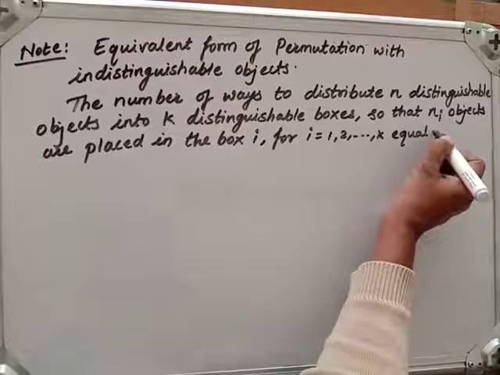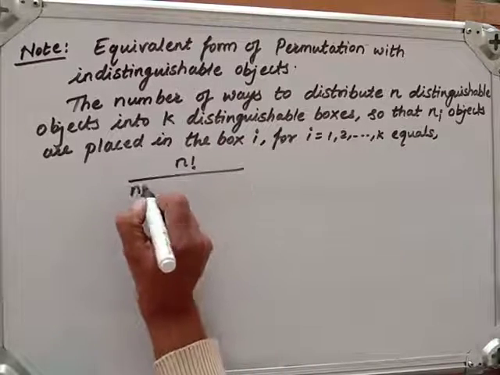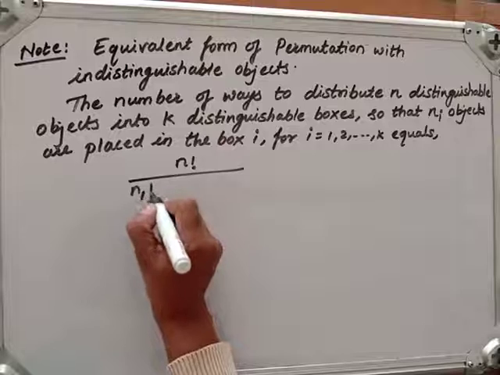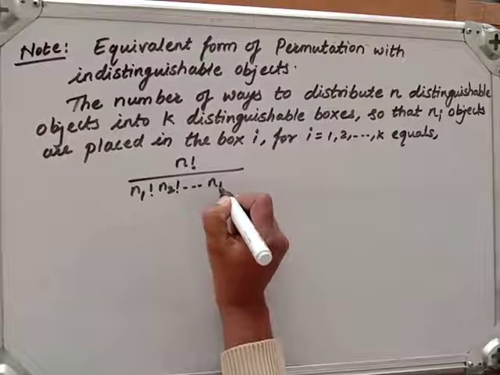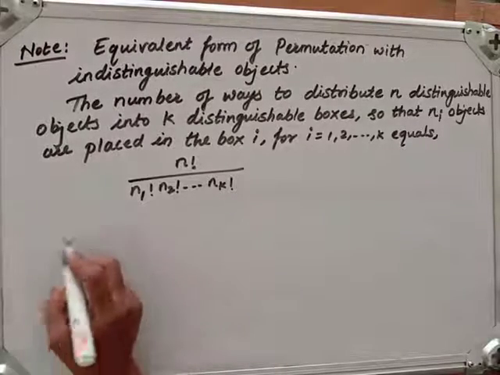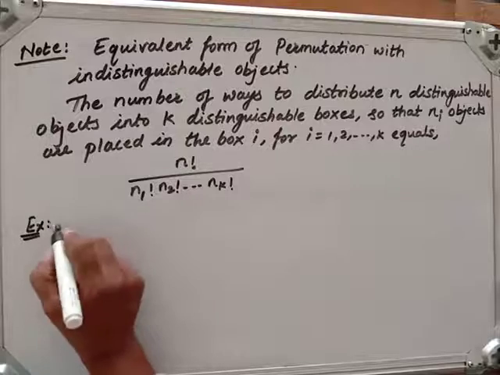This is equivalent to the same thing: n factorial upon n1 factorial, n2 factorial, and so on up to nk factorial.